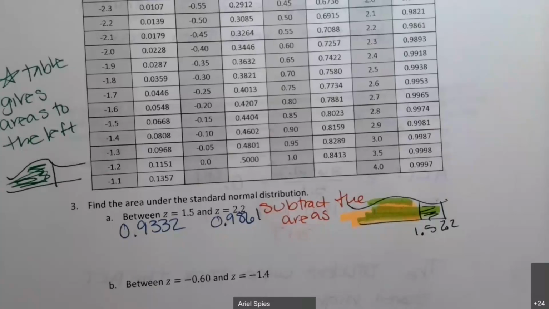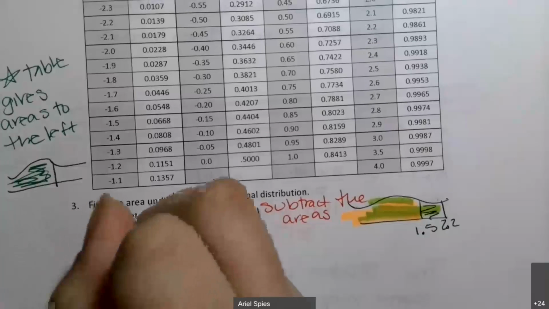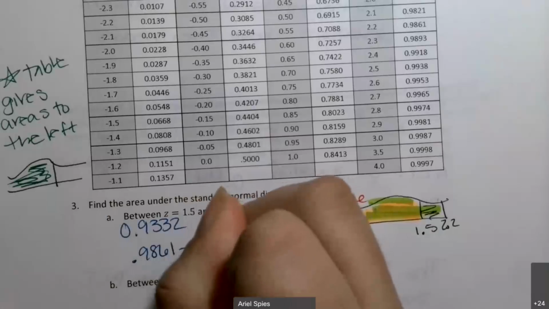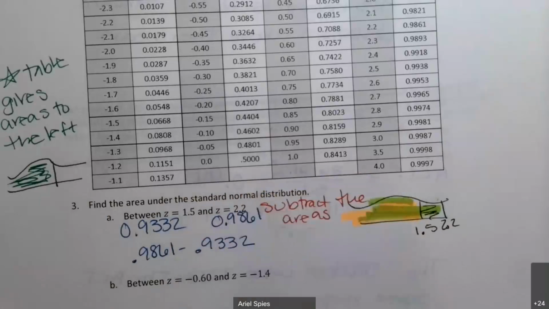And then when I'm subtracting the areas, I always subtract the smaller one from the larger one. So I'm going to do 0.9861 and subtract 0.9332.